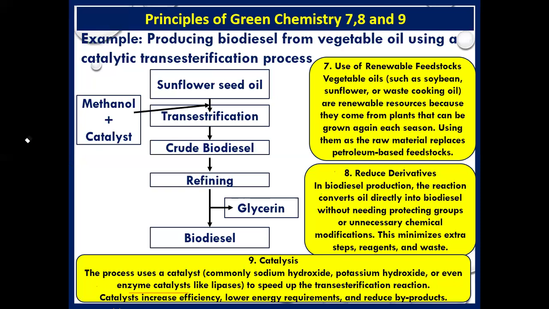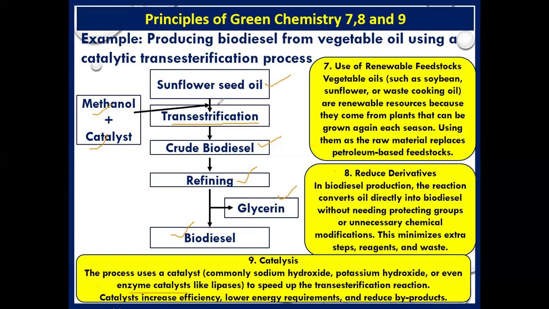In this process, using sunflower seed oil, methanol, and a catalyst, by trans-esterification reaction we generate crude biodiesel, and by refining this crude biodiesel we get pure biodiesel, with glycerin as the byproduct. So how does it follow the three principles, seventh, eighth, and ninth principle of green chemistry?